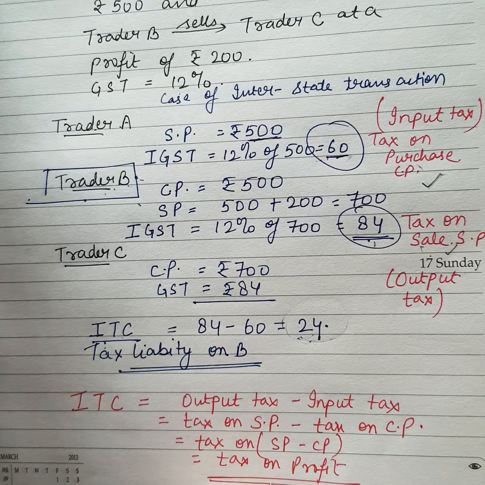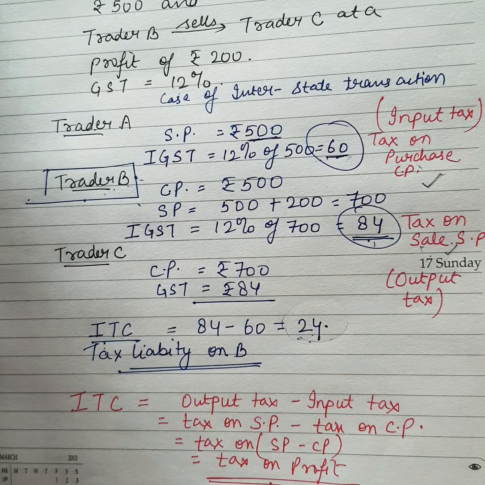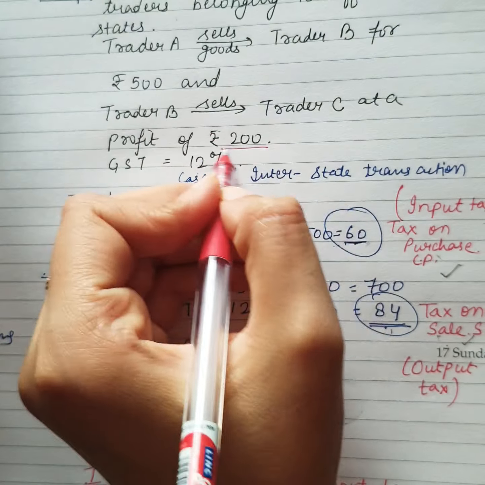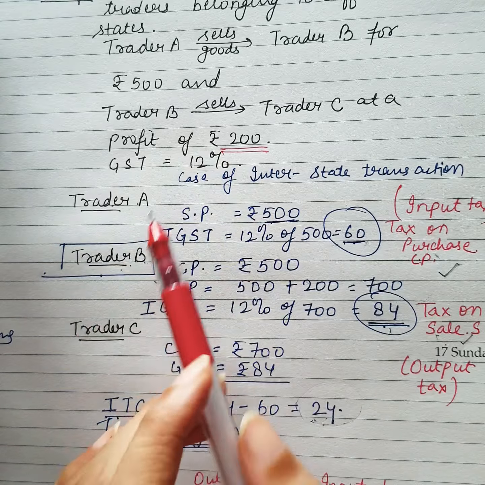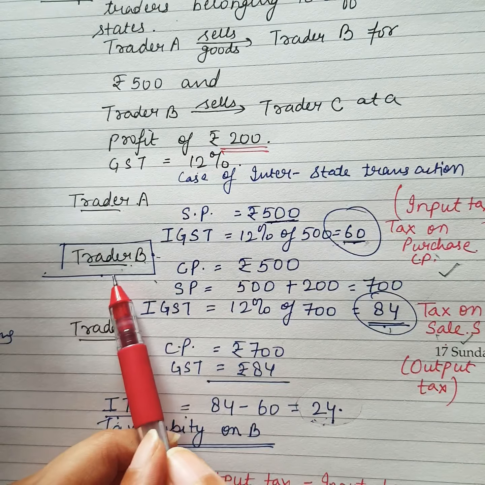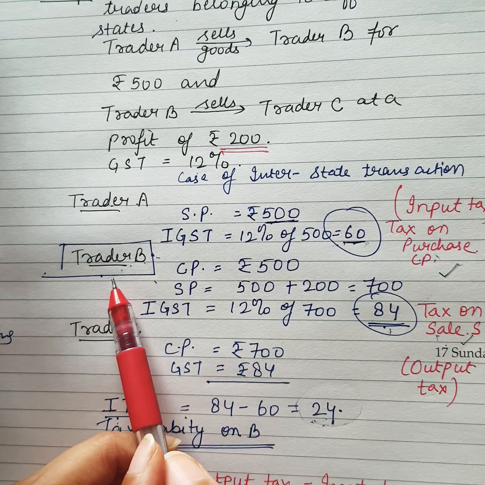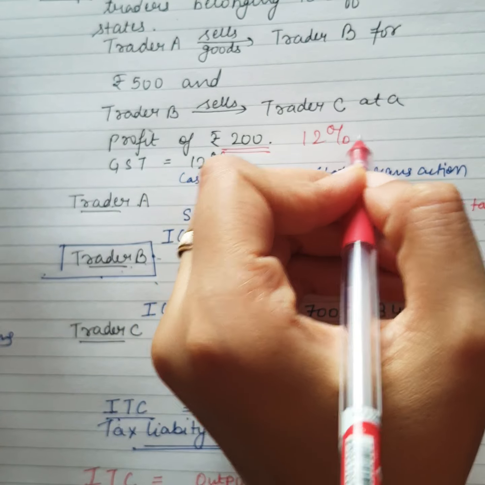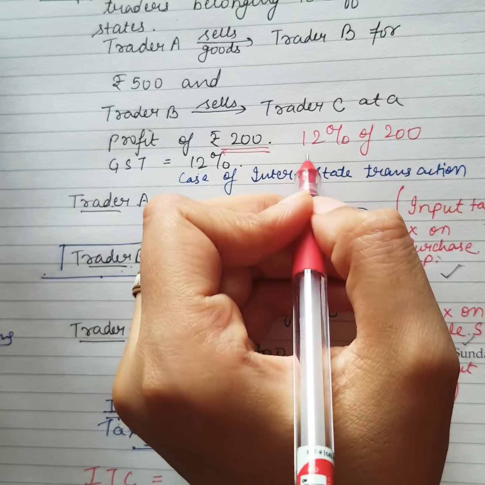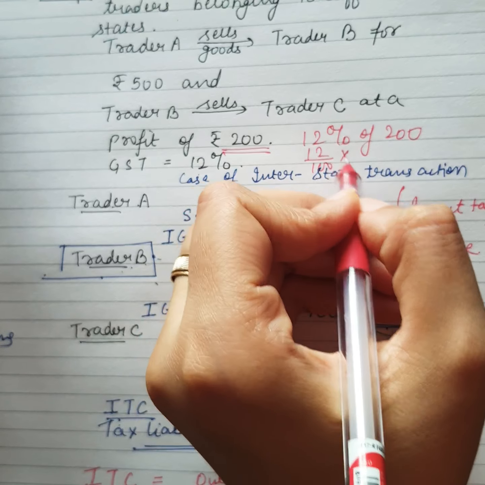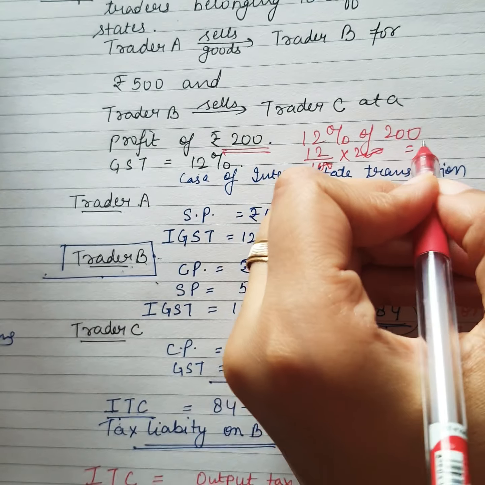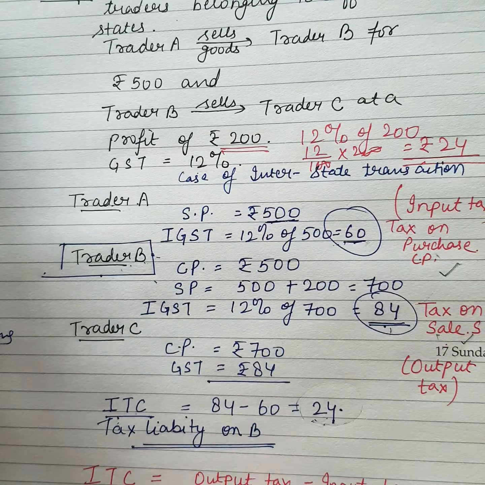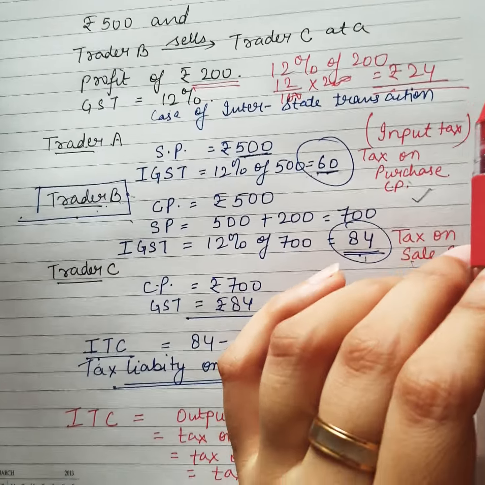That means ITC will work for tax on profit also. So in this particular question we had a profit of rupees 200. So if we have to find the input tax credited by B, we can directly find it by the tax on profit, that is 12% of 200. 12 by 100 into 200, which is 24 rupees straight away. I hope this point is clear.